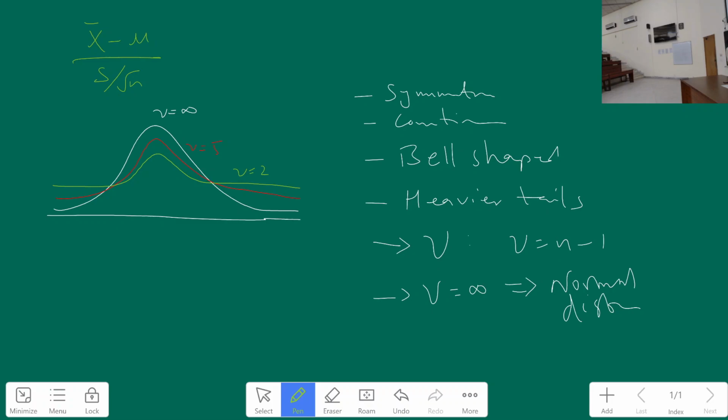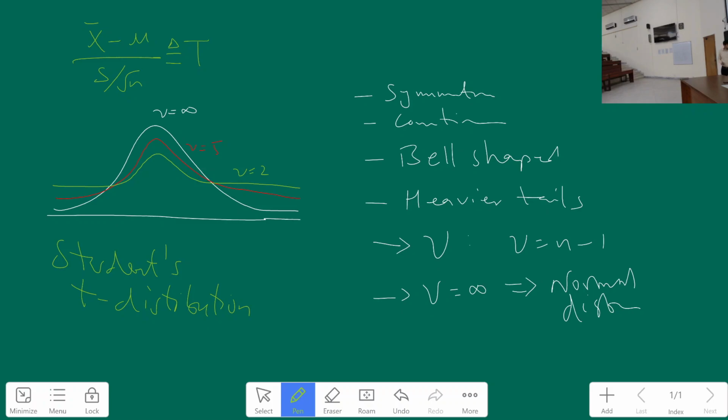This whole statistic, which is based on 2 other random statistics. We said if we call it t, then it's called a t distribution. In literature, we also write it as Student's t distribution. There are 2 names for t distribution. Its shape changes based on nu. If nu is infinity, it becomes exactly the same as Gaussian. So Gaussian is a special case of t distribution.